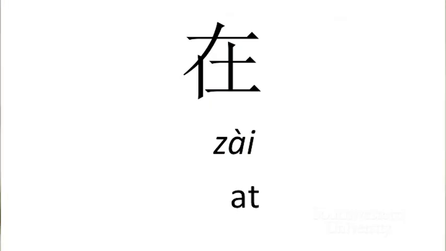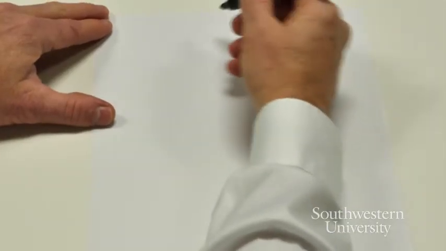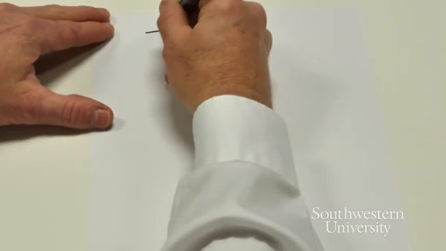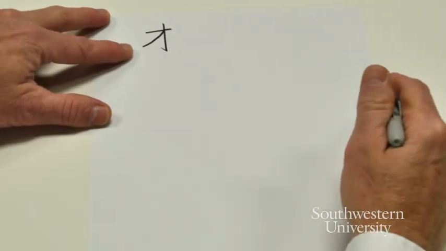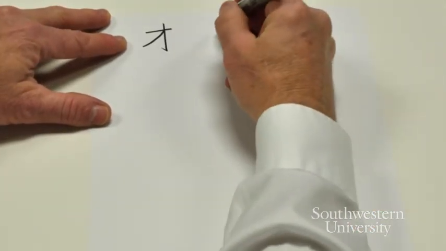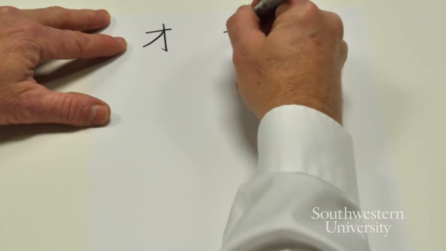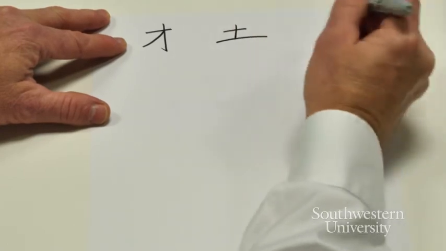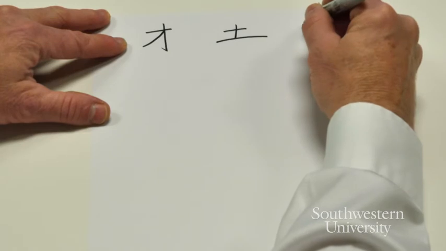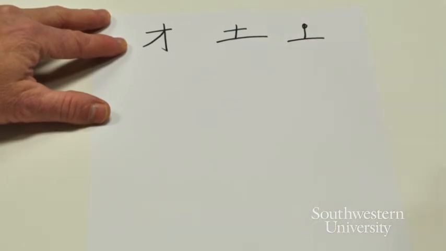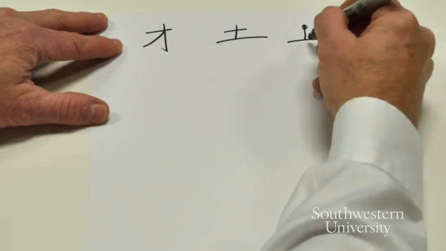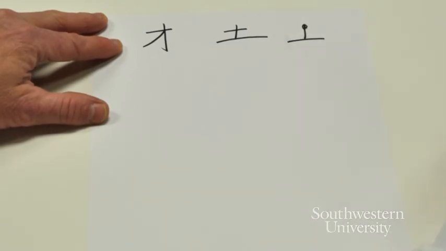The next character students often write incorrectly. It's made of two components. This is one form of the outside component, cai. We'll come back to that in a minute. The other component is tu, which means earth. It was one of the characters derived from the original form, which is the sprout coming up out of the earth.